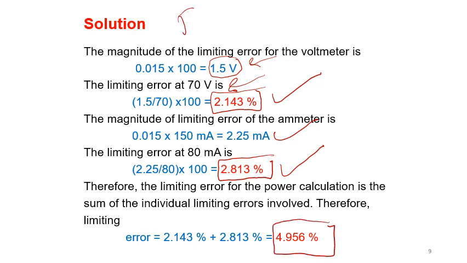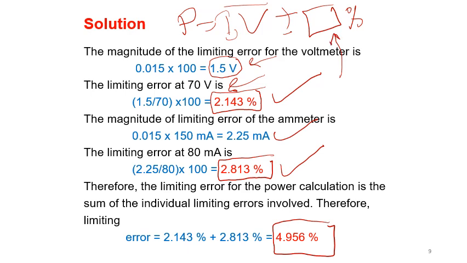Remember that P equals I times V, plus minus some percent. Here he didn't ask for the power, but if you want the power, it's just the current times the voltage. This value is not known to me. What I have is the percentage of error of current and the percentage of error of voltage. What is the percentage of error for the total?